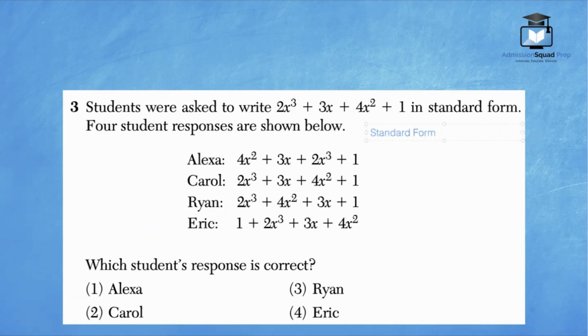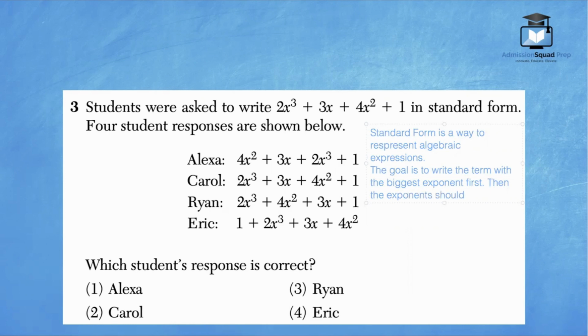Standard form is a way to represent algebraic expressions. The goal is to write the term with the biggest exponent first. Then the exponents should go in descending order.